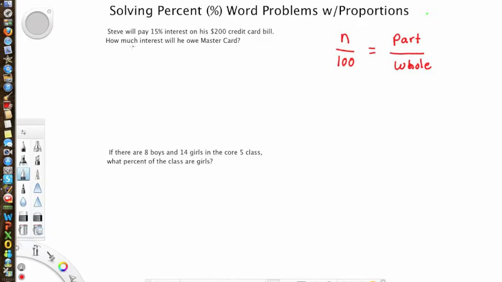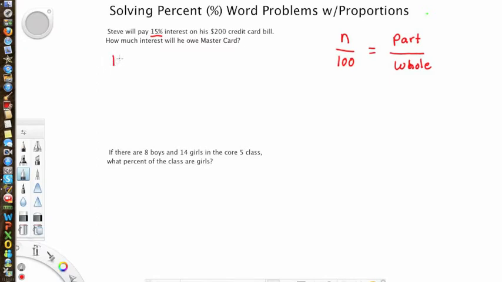For example, if we take a look at the problem they've given us here: Steve will pay 15% interest. They told us the interest right off the bat, on his $200 credit card bill. Now the $200 credit card bill, that's his whole bill. How much interest will he owe MasterCard? So let's set it up.